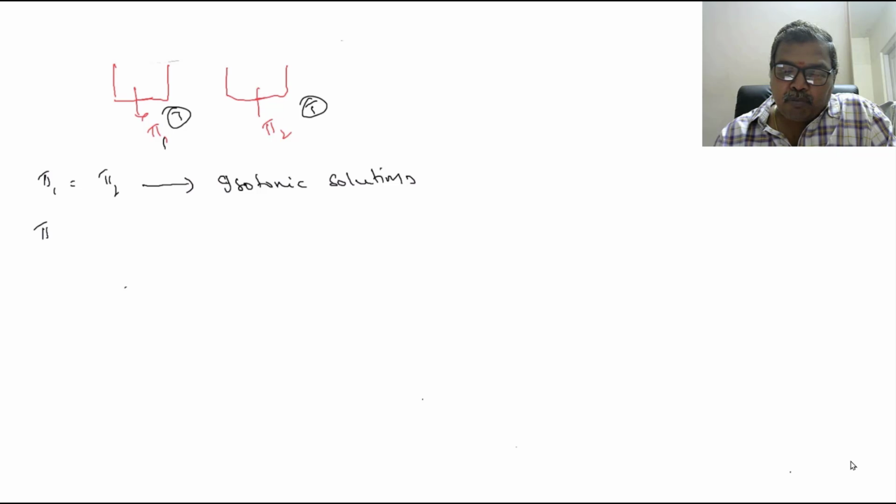Suppose pi 1 is less than pi 2. Then this is the first solution, this is the second solution.